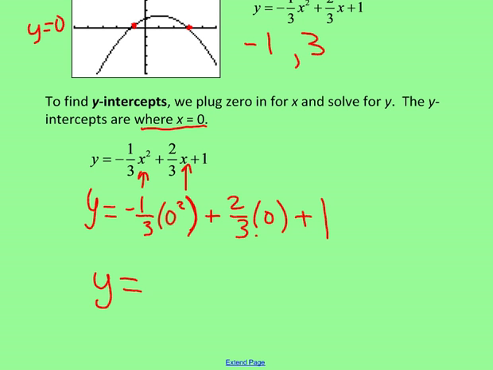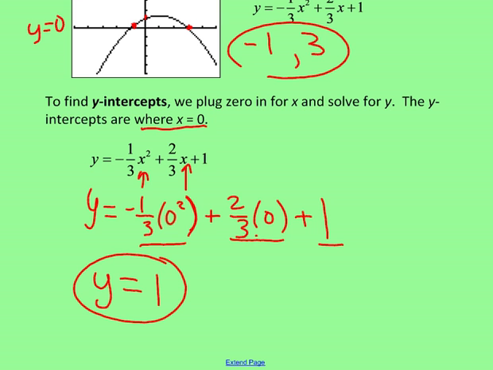And when we simplify that, we get 0 plus 0 plus 1 is 1. So the y-intercept is 1. And we can tell from the graph that looks like that's correct. So we have found the x-intercepts and the y-intercept.